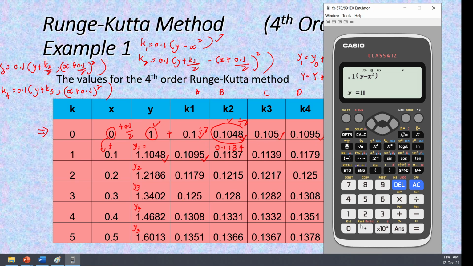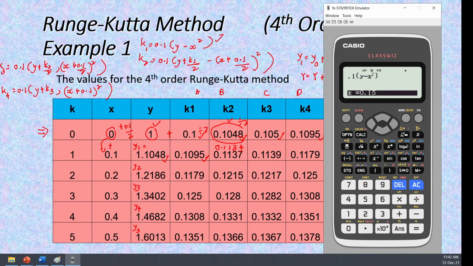So it is 1.104848 plus K2. If I use this one, I think it will be different from the answer obtained here. So which one to use? Let me see. If I keep using the Excel one, let's say 0.1137 divided by 2.